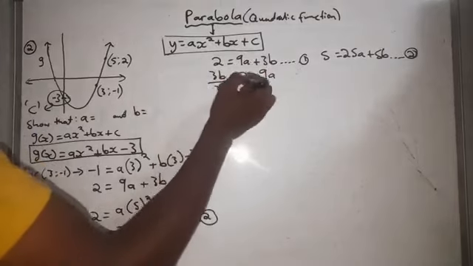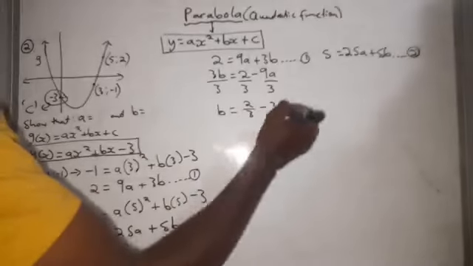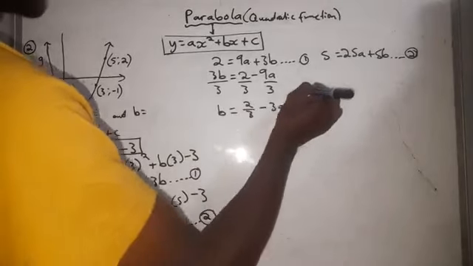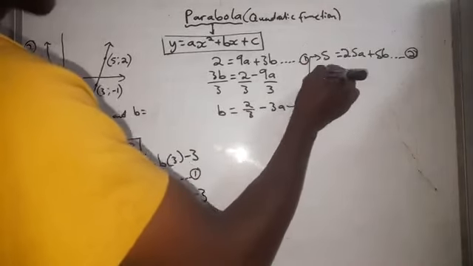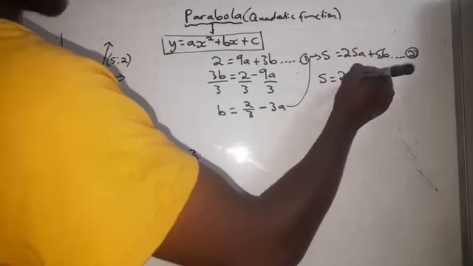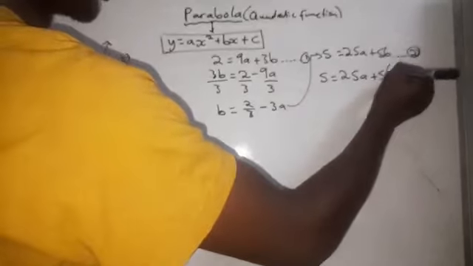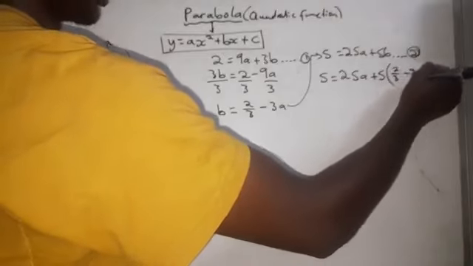Divide both sides by 3, making the value of b 2/3 minus 3a. Now I've found the value of b, which is incomplete though. I'm going to plug it into 5 equals 25a plus 5b.